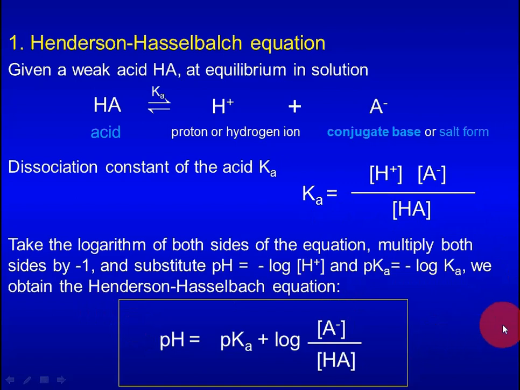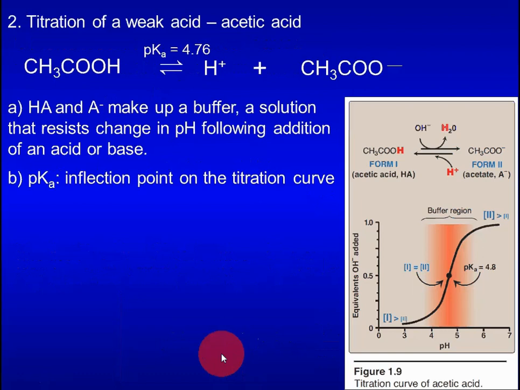The key parameter of this equation is pKa. How can we determine pKa? Okay, let's use acetic acid as an example to illustrate how we determine pKa. We put acetic acid in a test tube.